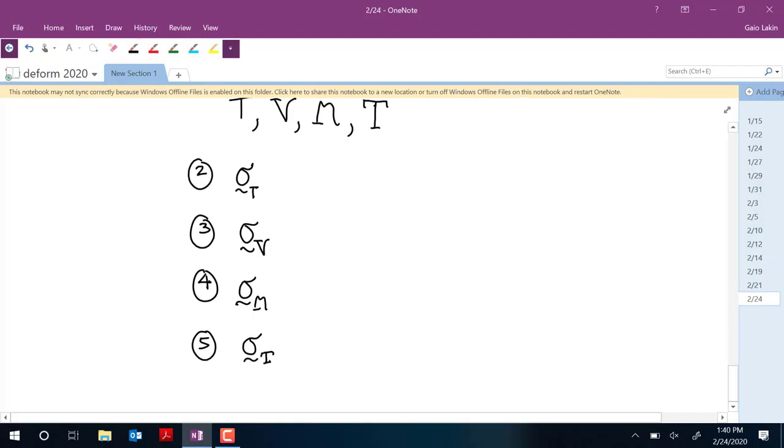And then once we have all these, the total stress tensor is just going to be the sum of all of these.